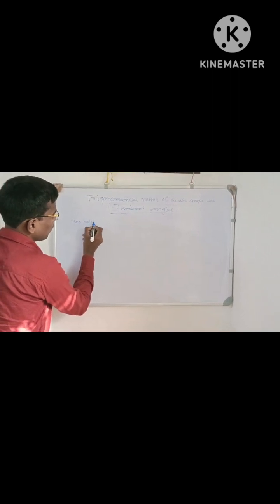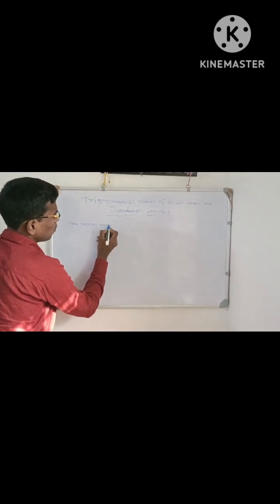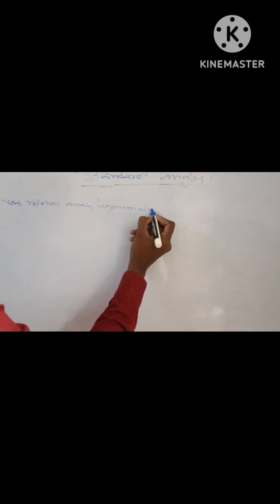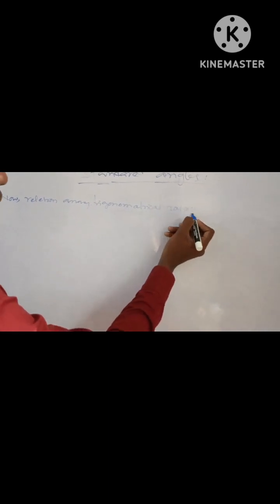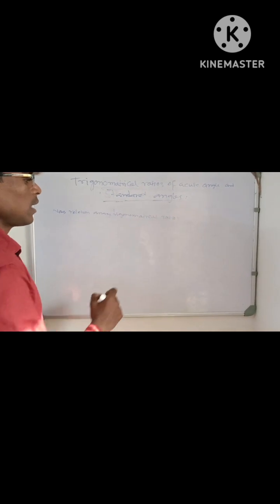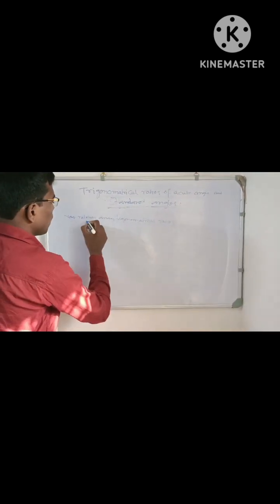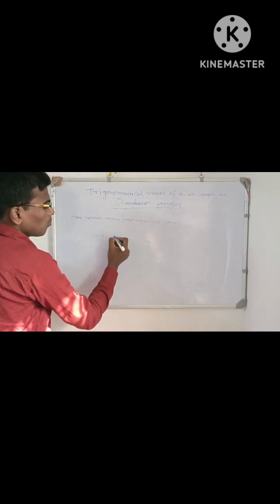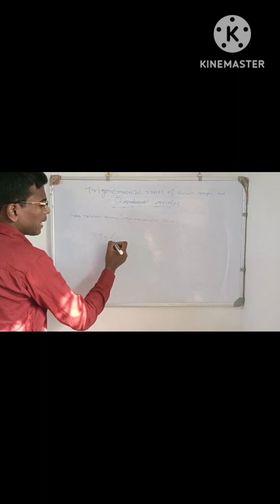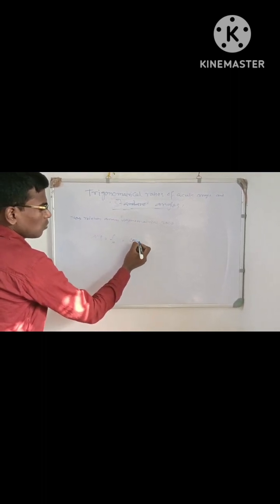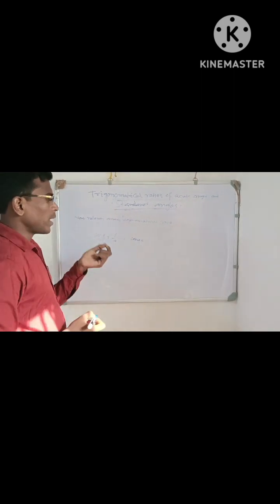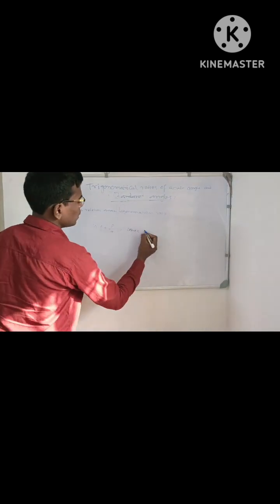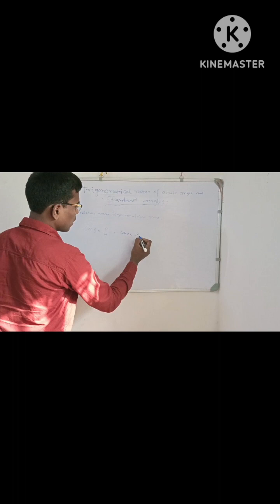Now, relation among trigonometrical ratios. As we know, sin theta equals perpendicular by hypotenuse, and cosec theta equals hypotenuse by perpendicular, for the given acute angle theta.